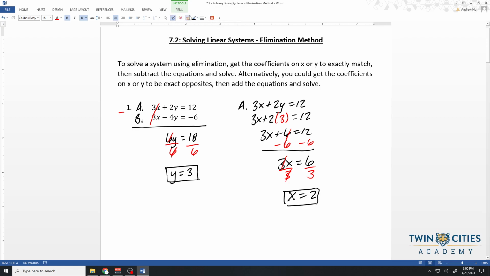So just like with substitution, once we solve for x and y, this tells us where these lines would intersect if we were to graph them. They intersect at the point (2, 3).